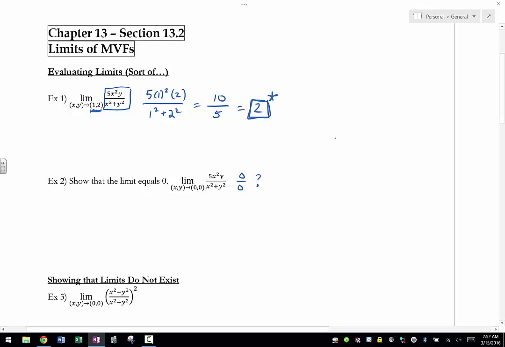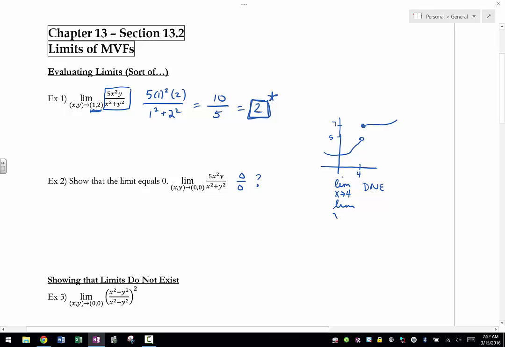Now, if you remember when we were in BC Calc, if I had something like this, and let's say this is 4, and let's say this is 5, and we'll call this 7. If I take the limit as x approaches 4, I'm going to get something that does not exist.